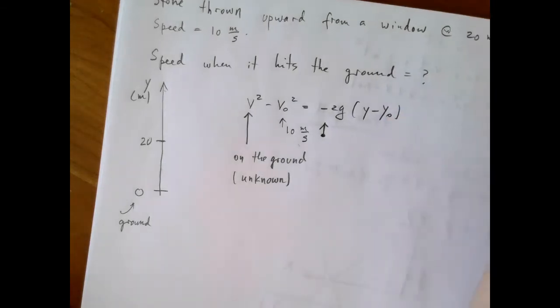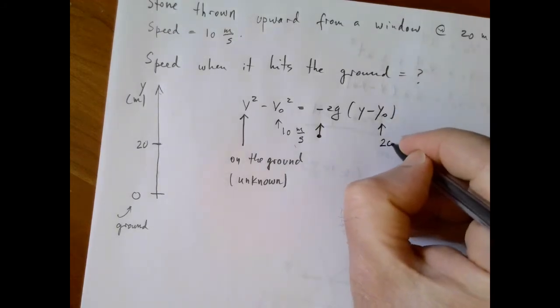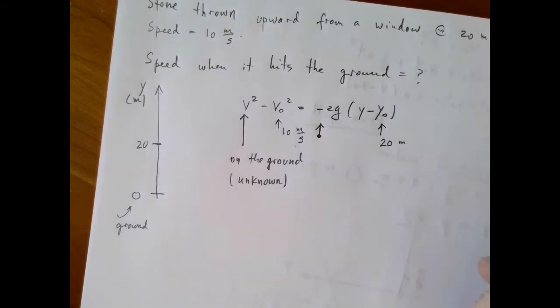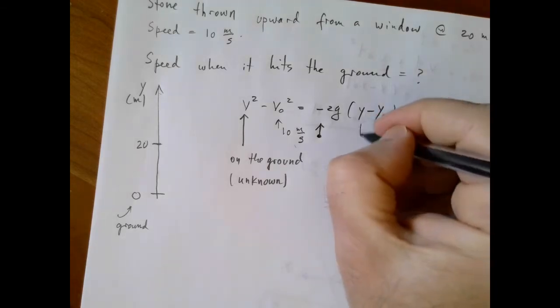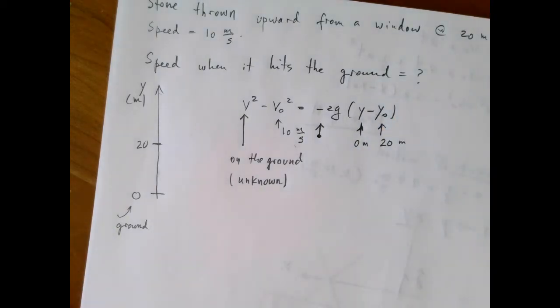If the stone were thrown downward, this would have been negative 10. The initial position, y0, is 20 meters. And the final position is 0 meters because the final position of the stone is on the ground.